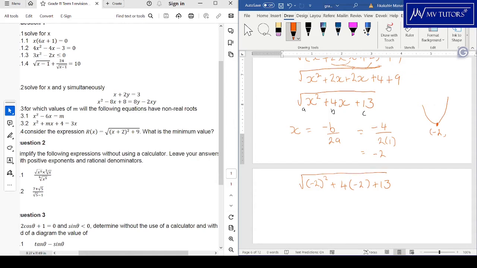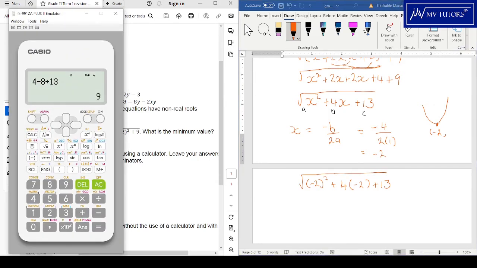Now I want to put this whole thing in a calculator, so I'm going to put square root, and then I'll put it exactly as it is. Negative 2, close it, I'll square it, plus, open another one, negative 2, I'll close it. Oh, there's a 4 that side. There's a 4 here. It's 4, I'm always forgetting it. And then plus 13. I put it exactly as it is.